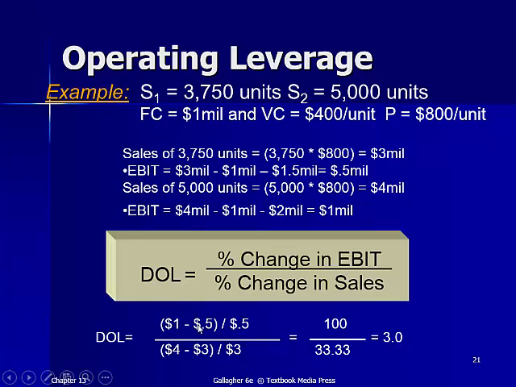You'll notice I dropped all the zeros here, and I did so consistently. You can check my math if you wish and plug in the full $1 million, $500,000, 500,000, 4 million, 3 million, 3 million. I think you'll find that my math is correct here. So the degree of operating leverage is equal to 3.